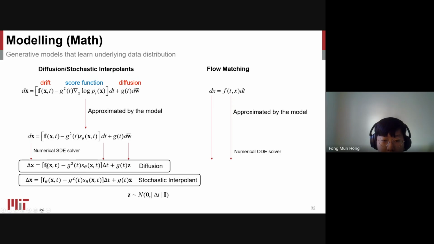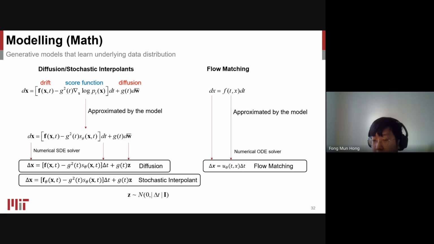And then you can see that for diffusion, only the s theta is being trained, but in the stochastic interpolant, both the drift term and the score term are being trained. And then flow matching will be slightly simpler. This is where you learn the vector field, and then all you have to do is integrate the learned vector field so that it forms a path towards your target distribution.